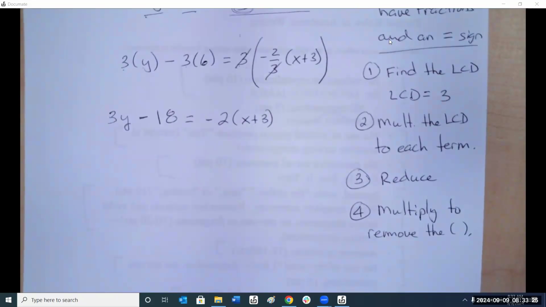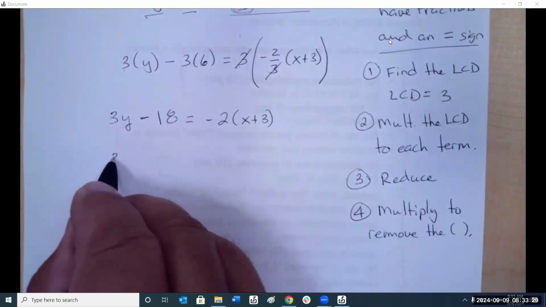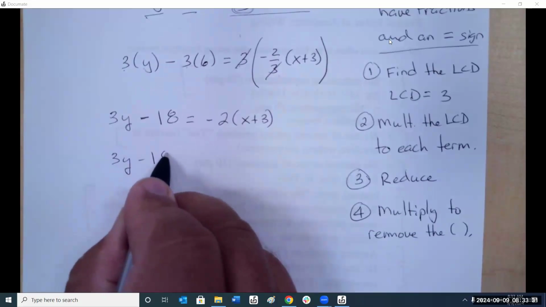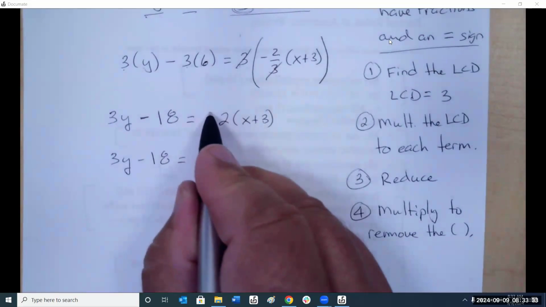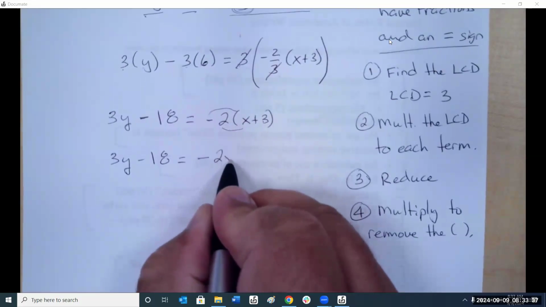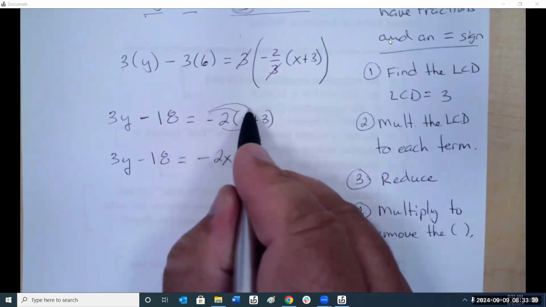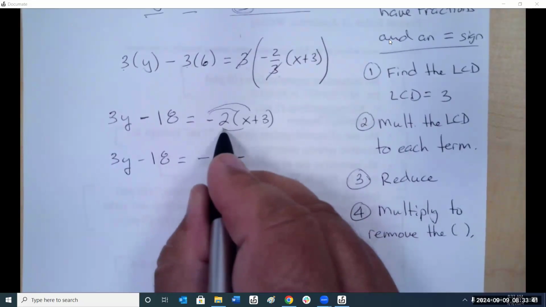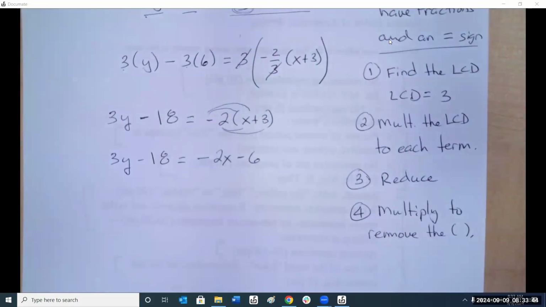Are all the parentheses gone? No, so we got to do this one again. Negative times positive is negative. 2 times x is 2x. Negative times positive is negative. 2 times 3 is 6.